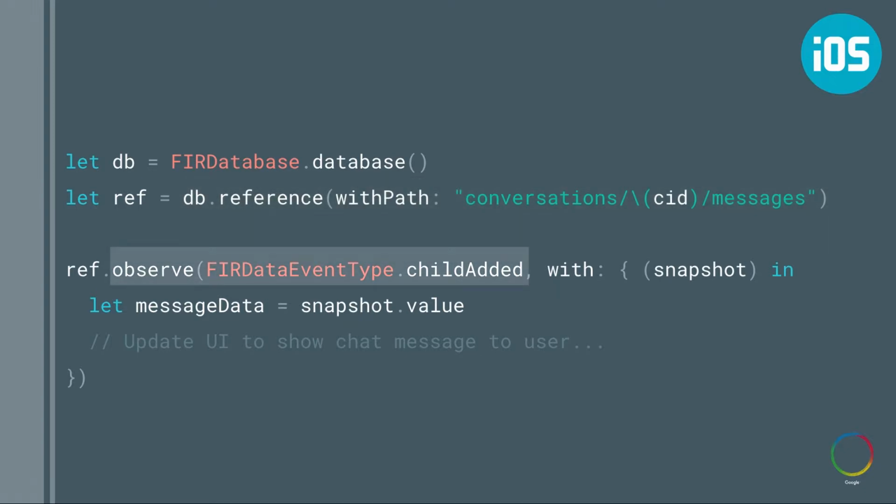And then we register a callback with Firebase SDK so that every time there's new data posted to the node, which means that there's a new message posted, our client app can get it in real time from the cloud. And finally, inside our callback, we have the data object representing our chat message. All we have to do from here is to show the message in the UI for the user.